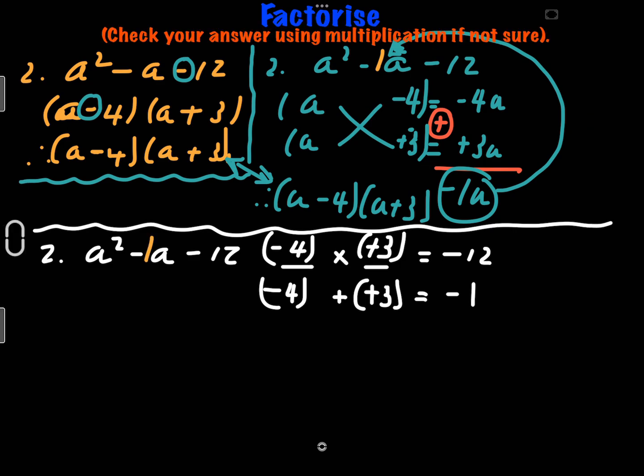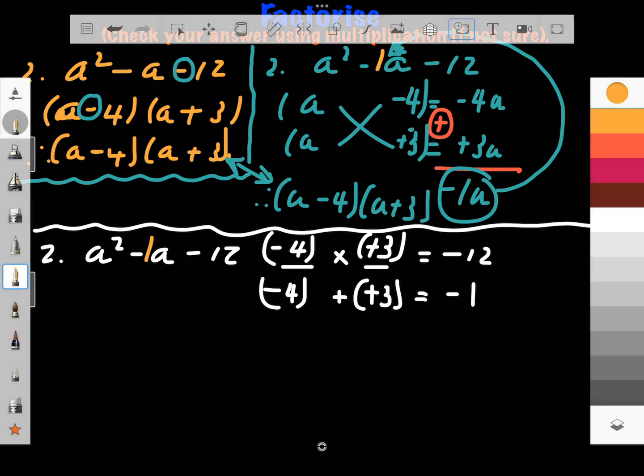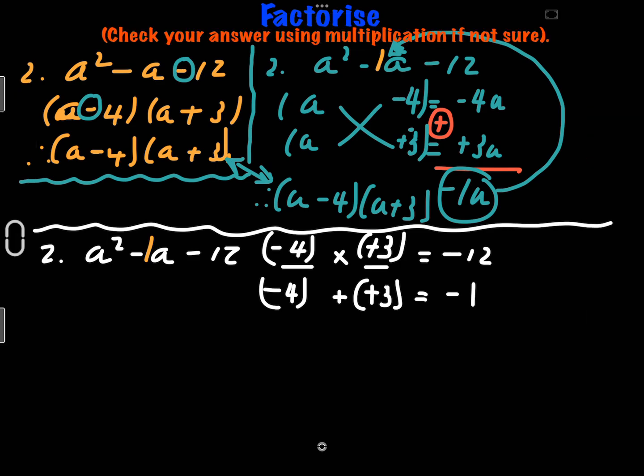we can start splitting these two values. In fact, I'm going to rely on a different color this time. So we have negative 4a, so I write negative 4a plus, remember, positive times positive gives us positive. So we have positive 3a.